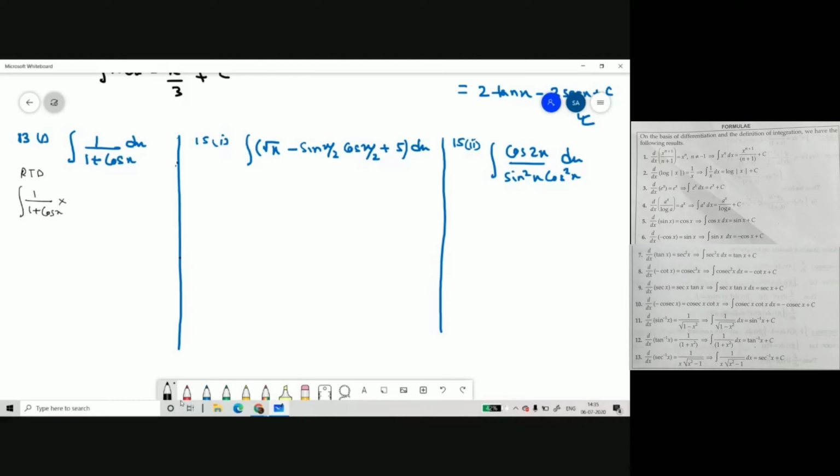So I'll multiply the numerator and the denominator by 1 minus cos x, isn't it?